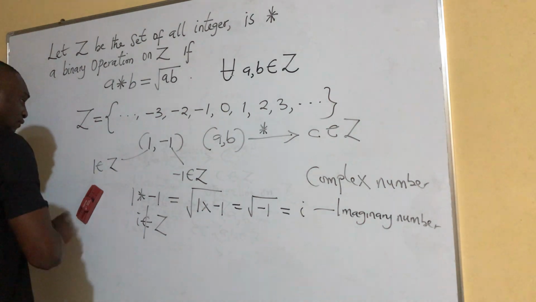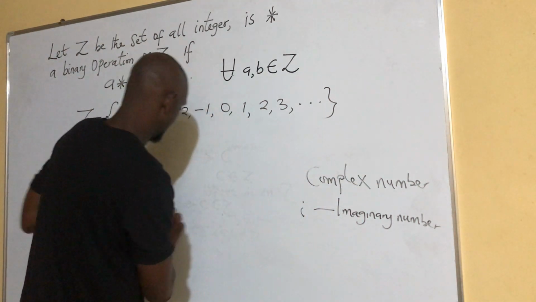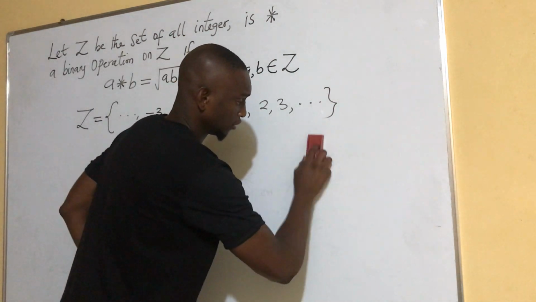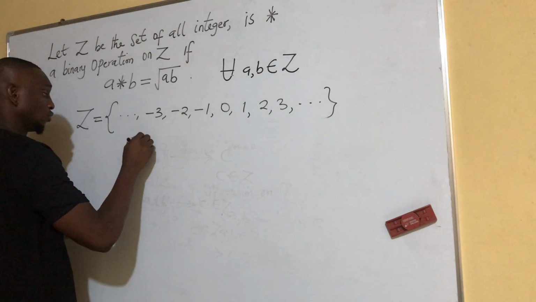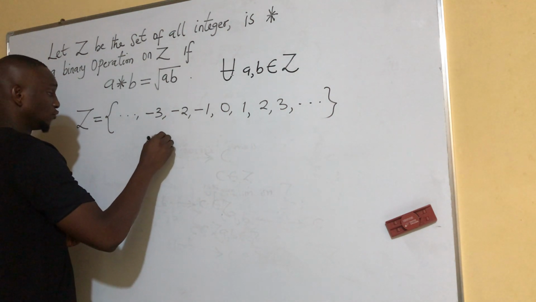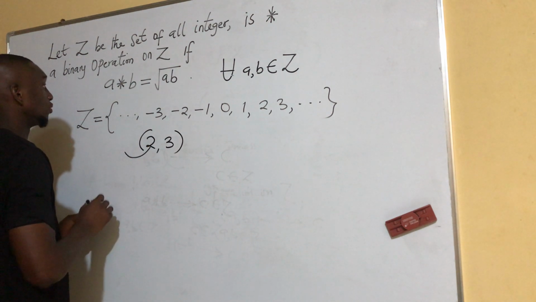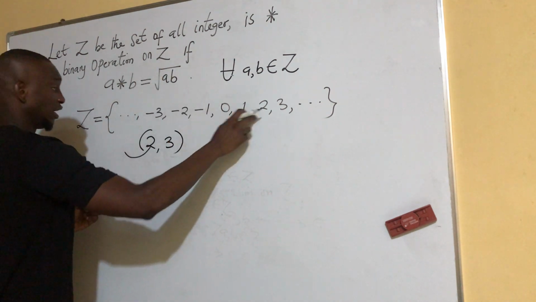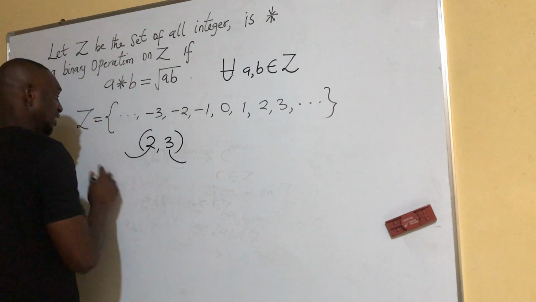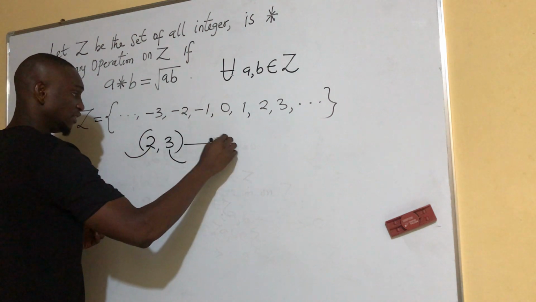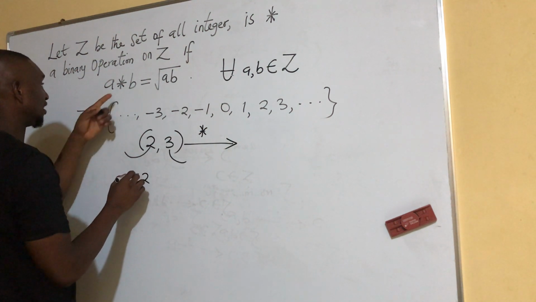Now, again, if I come up with two, let's say 2 and 3, the first element belongs to the set of integers here, and the second element also belongs to the set of integers Z. Now, let's see what happens when this particular operation comes in between, with respect to the given expression.